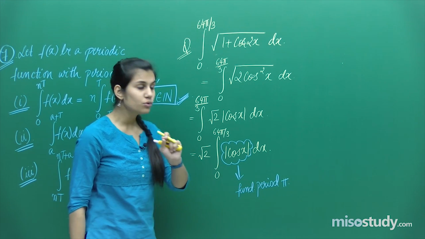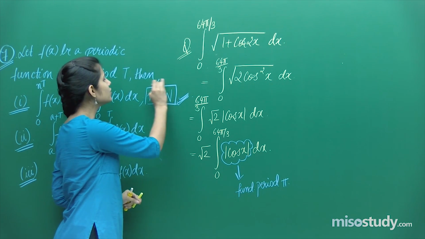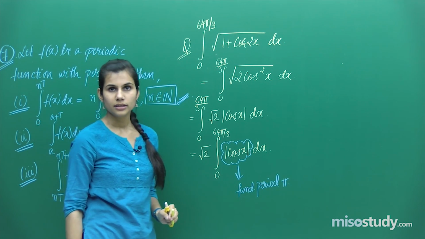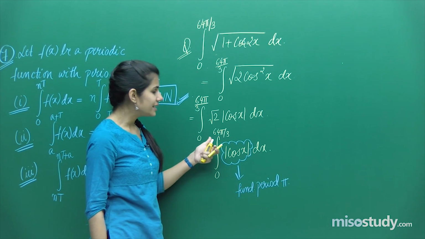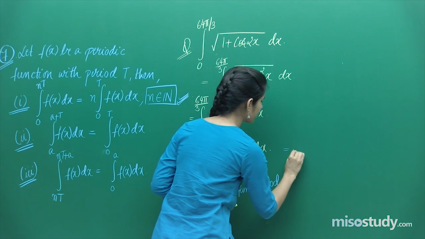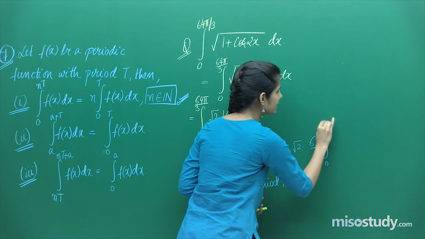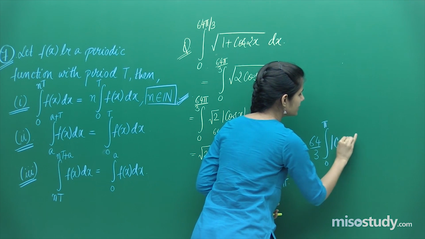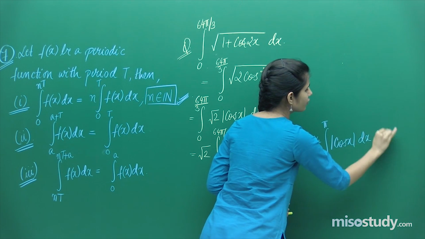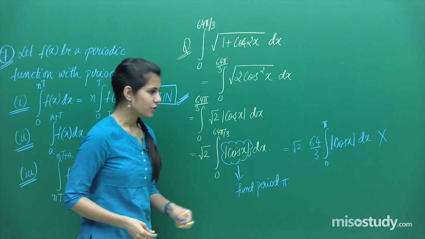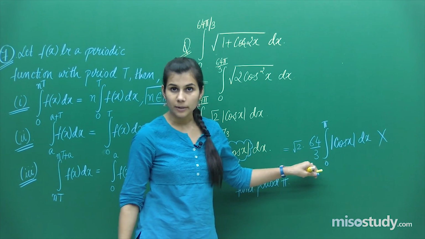No, I cannot do that because 64 by 3 is not a natural number. Therefore, I cannot write this as 64 by 3 times the integral 0 to pi mod cos x dx. This is the wrong step because 64 by 3 is not a natural number.